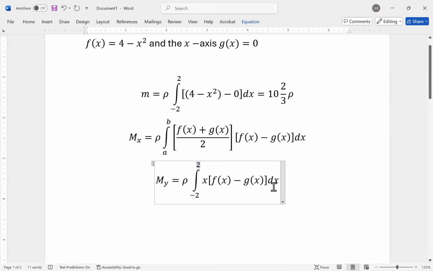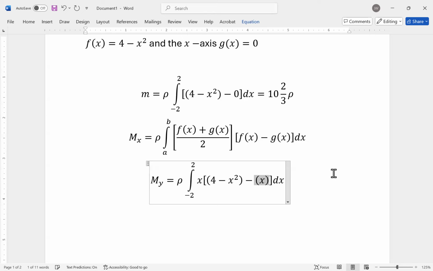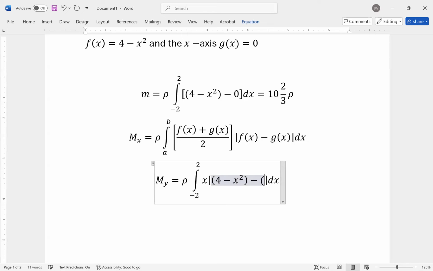We're using x values because we're integrating with respect to x. My top function, that's f of x, is 4 minus x squared. The bottom part of that region is y equals 0.